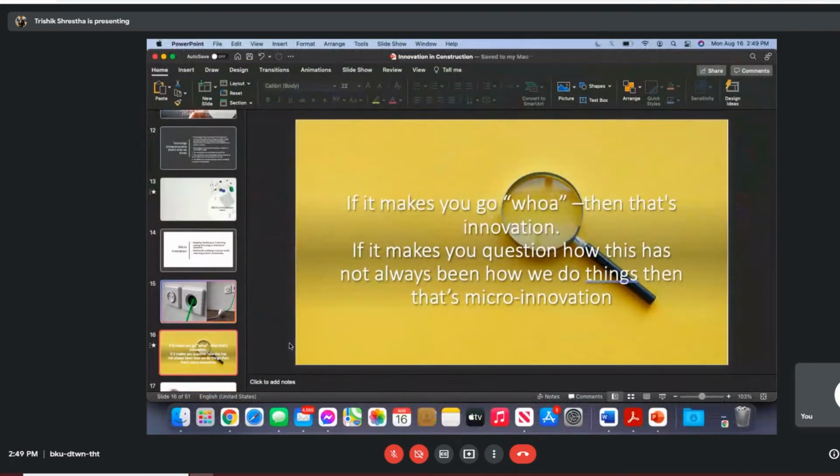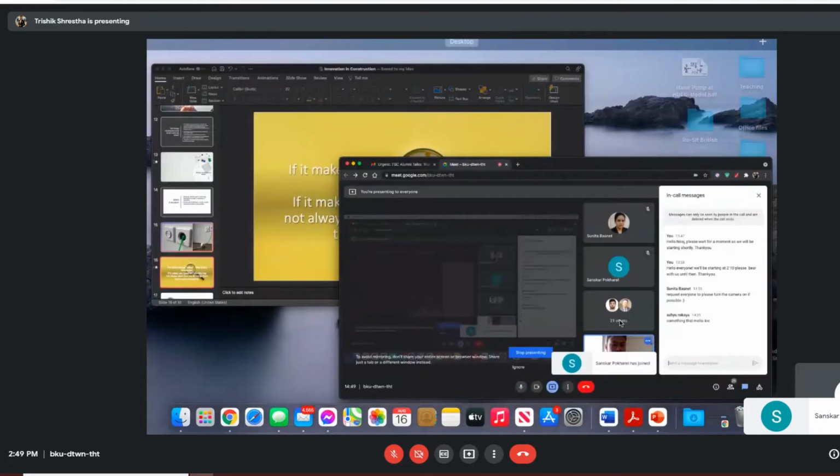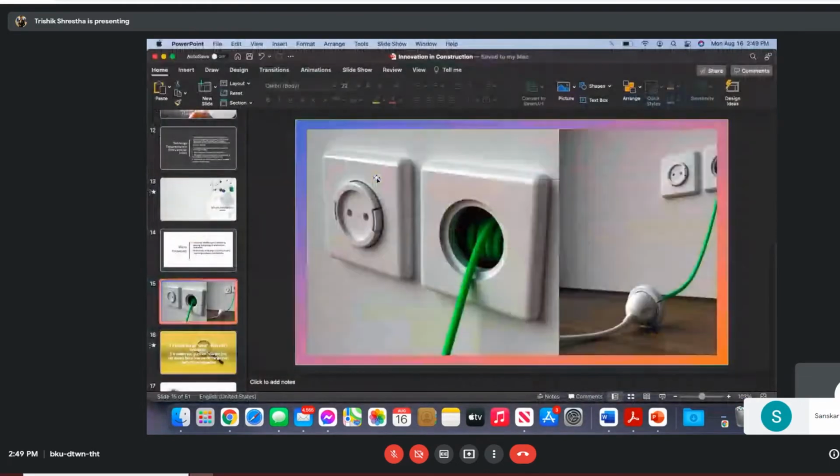If that is the question that comes to mind, then the product or service you're seeing is probably micro innovation. Look at this product right here. It is very useful, and it makes us think, why have we taken this long to actually bring this into reality?